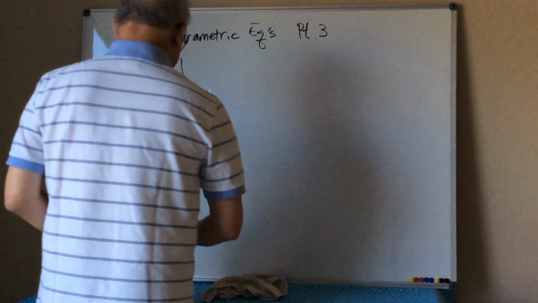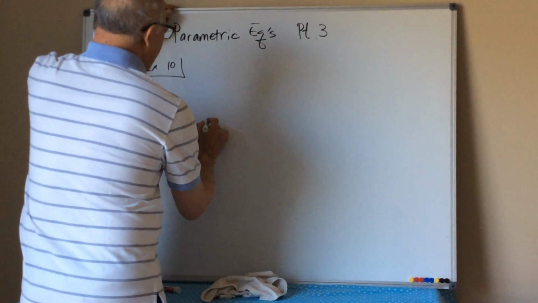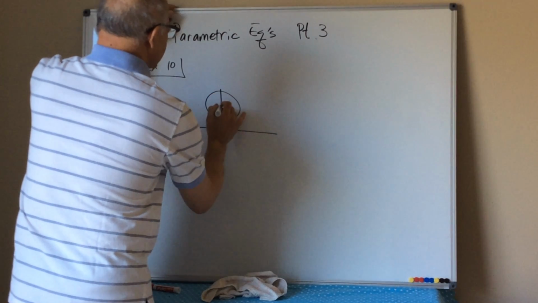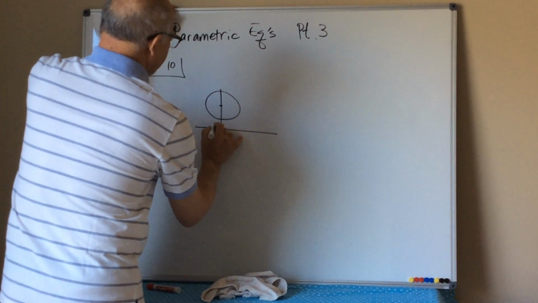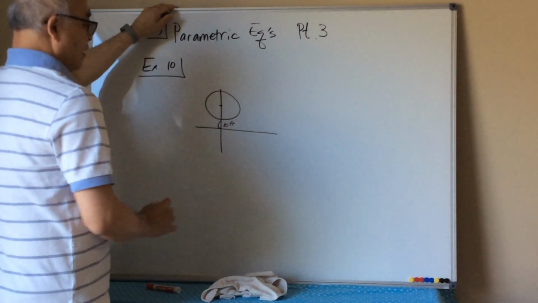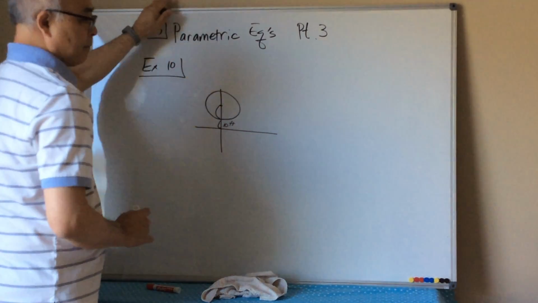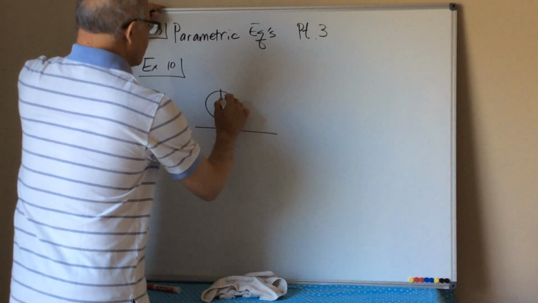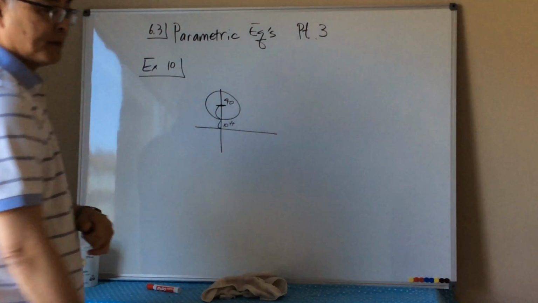So we have a Ferris wheel that looks like this, with 10 feet clearance here and a radius of 30. Since the radius is 30, this center point is going to be 40, correct?